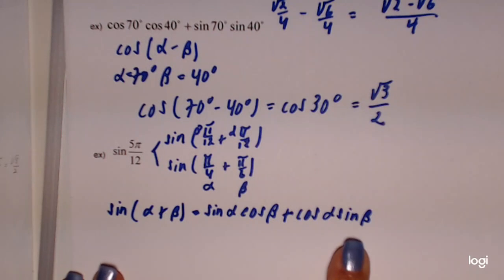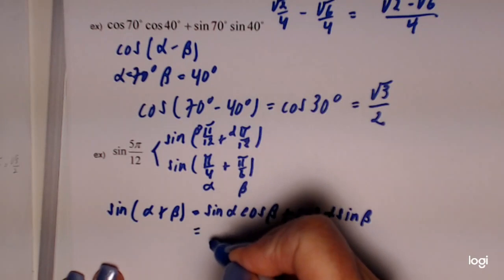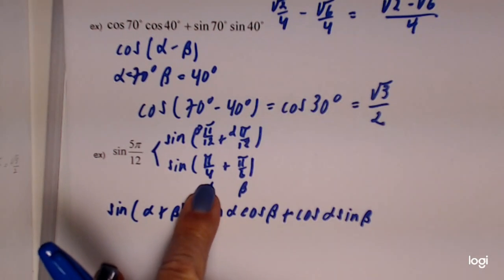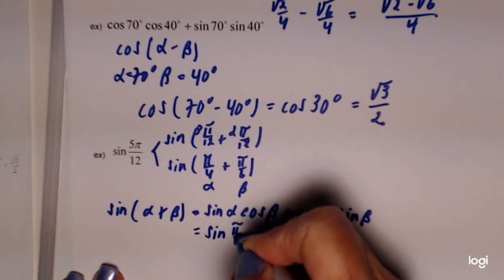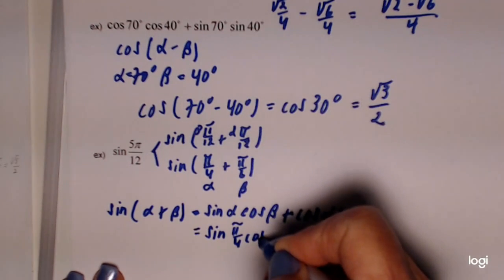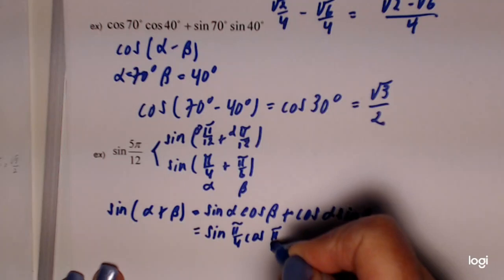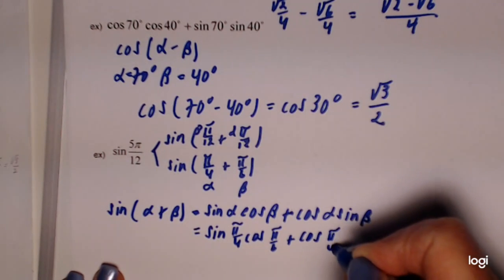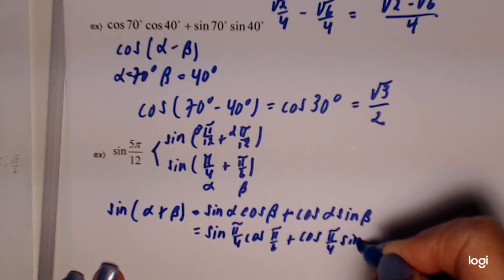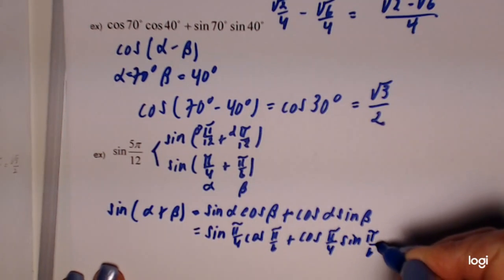So there's our formula. And now let's identify, we said alpha was pi over 4, so we're looking at the sine of pi over 4 times the cosine of pi over 6 plus the cosine of pi over 4 times the sine of pi over 6.